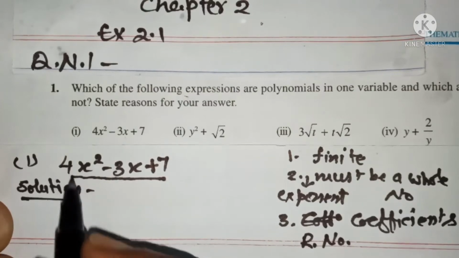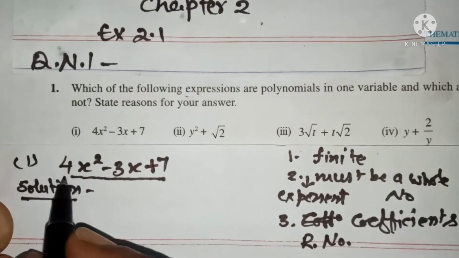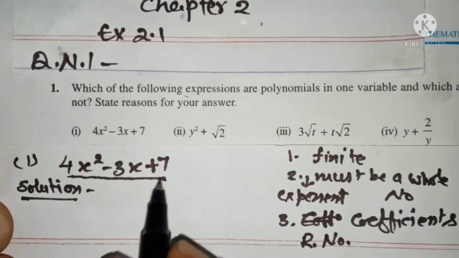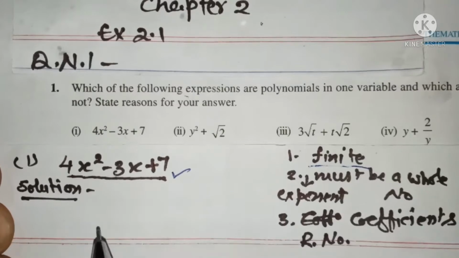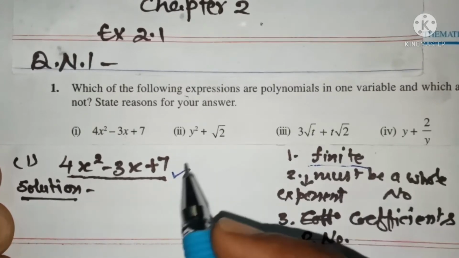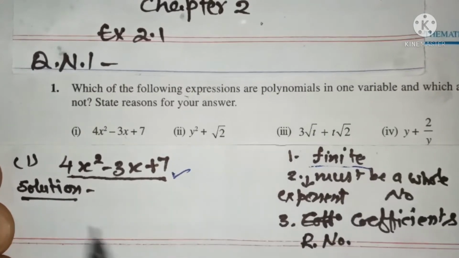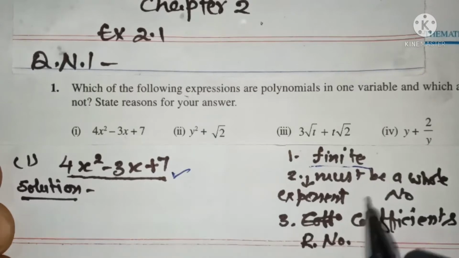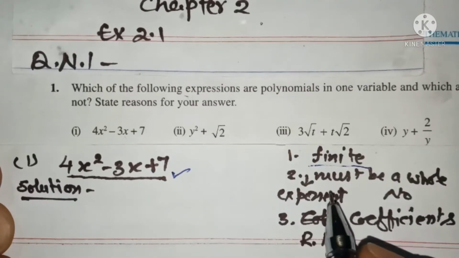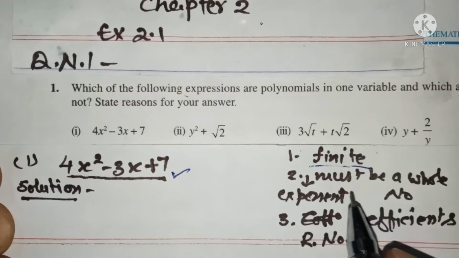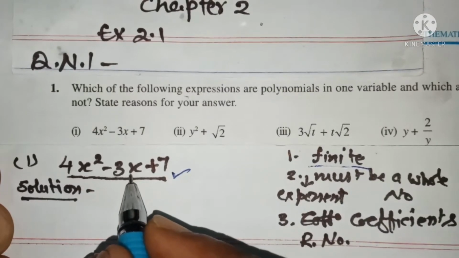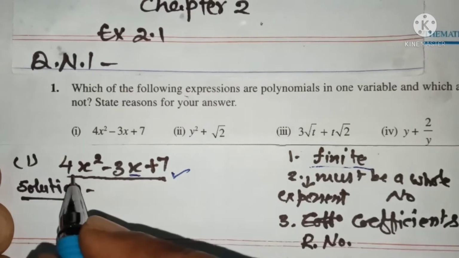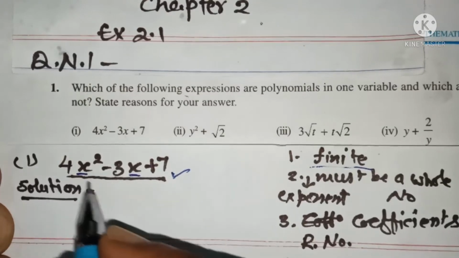Here the number of terms are 1, 2 and 3. So the number of terms should be finite. This condition is fulfilled by this expression. The other characteristic, the exponent of a variable. Let us find the variable in this expression. In this expression, x and x square.